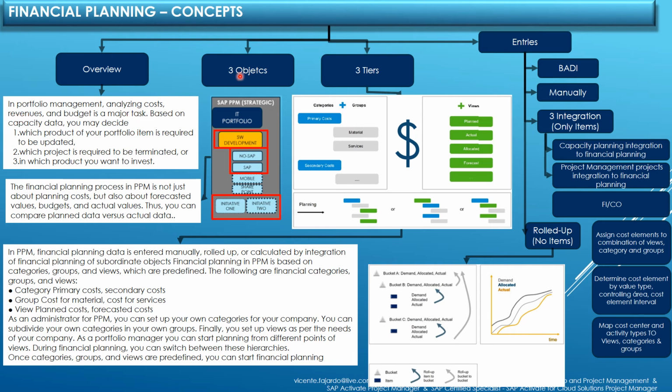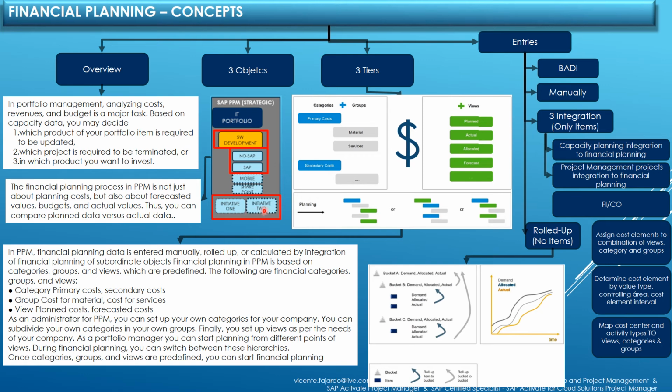I said that financial planning is done for 3 objects. One is bucket, the other one are the items, and the last one are the initiatives.